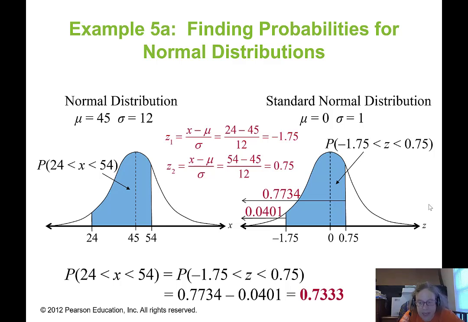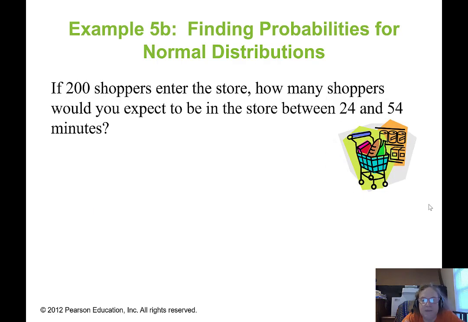Okay, students, at the end of the last video, we had just finished this problem looking at the probability that a value is between two specific numbers when that value is normally distributed. And this is actually an add-on to the same problem. So we're on slide 11. It says if 200 shoppers enter the store, how many shoppers would you expect to be in the store between 24 and 54 minutes?